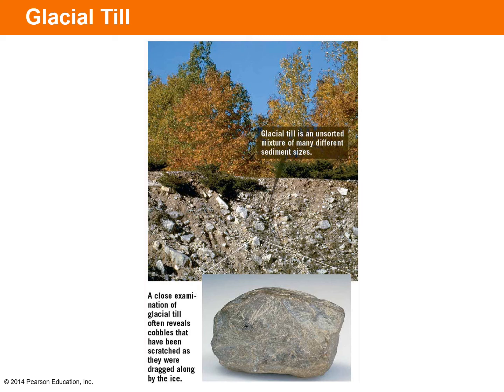And then if you were to closely examine some of the rocks in the glacial till, you can see that some of those rocks have been scratched as they were dragged along by the ice, and were some of the particles that caused abrasion when the glacier was moving across the Earth's surface.